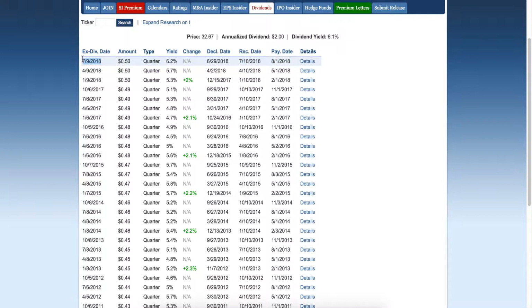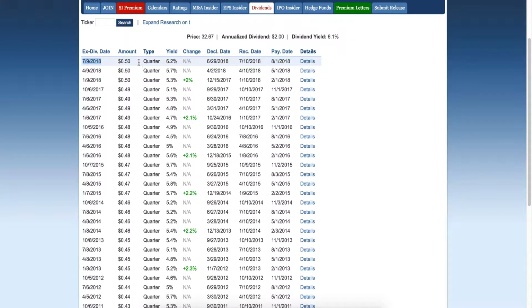It is important because that's the day you need to remember when you actually purchase the stock. In order to be given this dividend, you need to have purchased the stock at least one day before that ex-dividend date. Not on that date. If you purchase it on that date, the dividend will go to your seller, the person who actually sold you the stock. It has to be a day before at least.